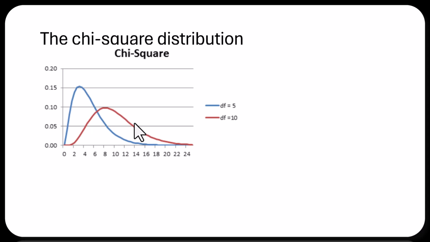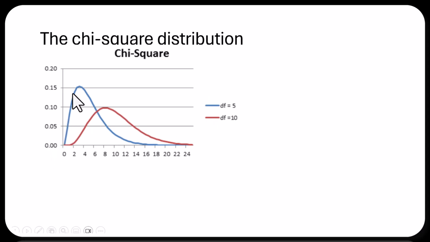So now we're going to use a chi-square distribution, and as you can see just from looking at this picture, we are no longer working with a symmetrical distribution. You can also see that there are still degrees of freedom that we're working with, and just like the t-distribution, the shape of the curve changes as the degrees of freedom changes.